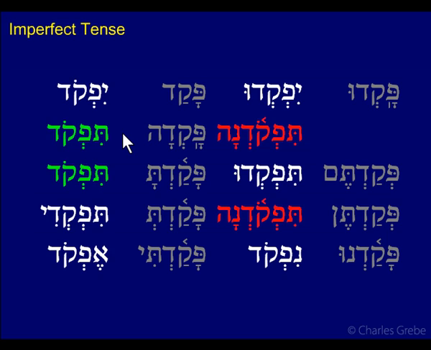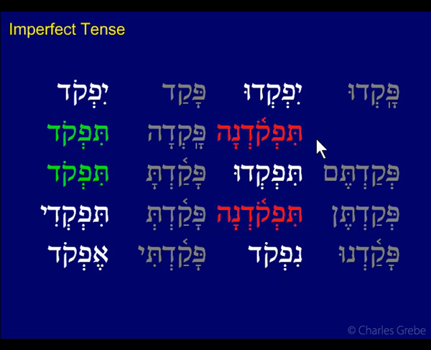So tifkod, we'll talk about how to translate this later, but let's just translate as a future for now. She will visit would be this one, and this is you will visit, talking to a guy. So we have a similarity that goes across the person barrier here. Third person and second person, a bit odd that way.